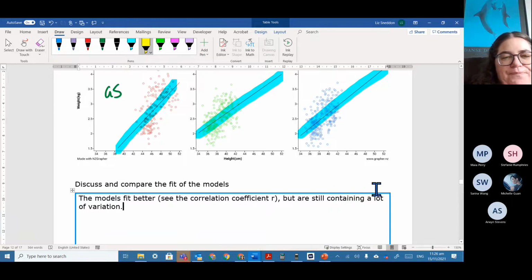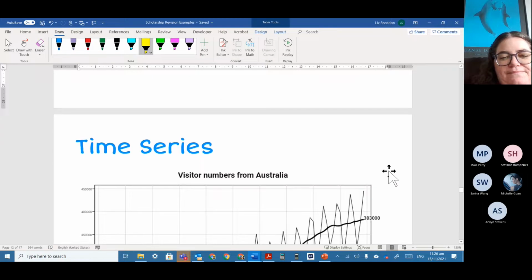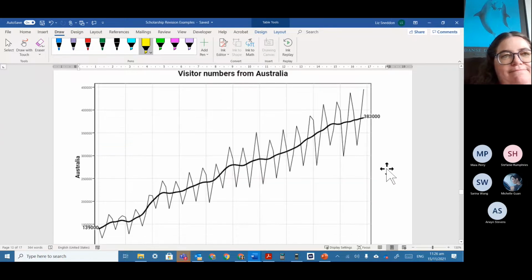Okay, so there's bivariate. Time series. Still want to talk about the trend. We also now want to talk about seasonality, and we also want to talk about the variation and outliers. So, time series is our trend line going through the middle.